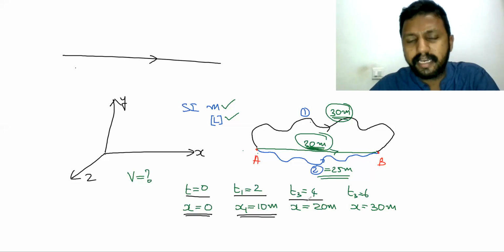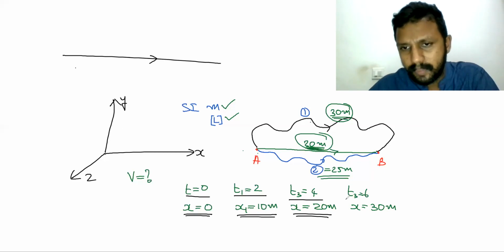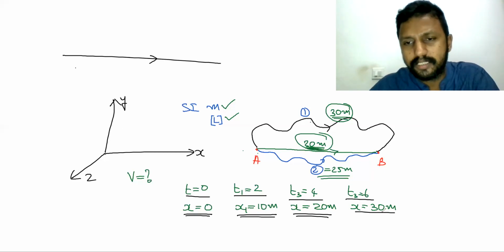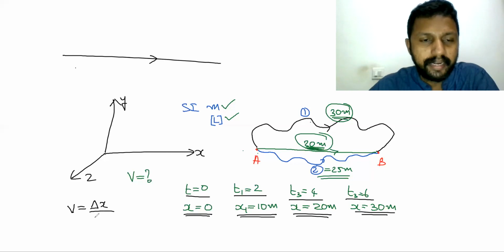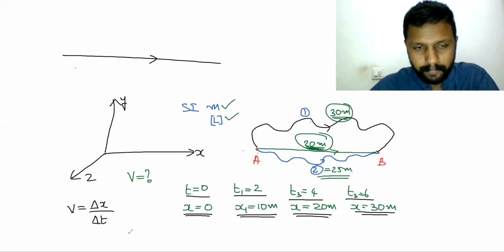At 4 seconds, the position is at 20 meter. At 6 seconds, the position is at 30 meter. Then, in this case, velocity is change in position divided by change in time.